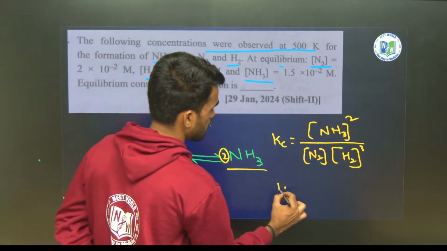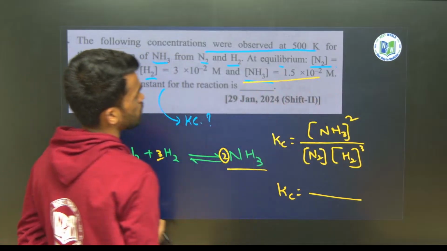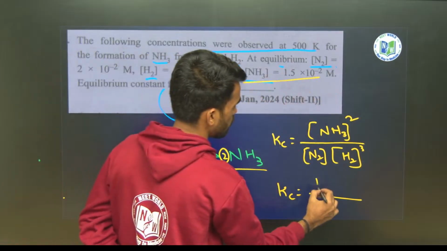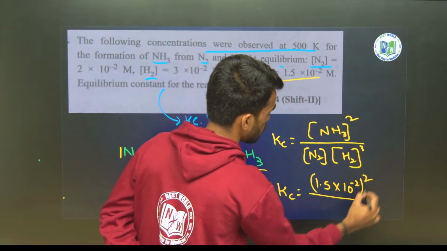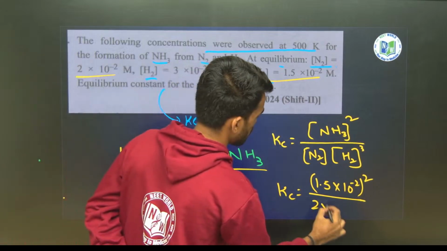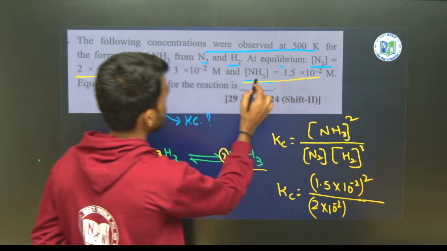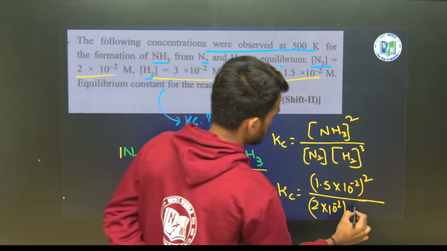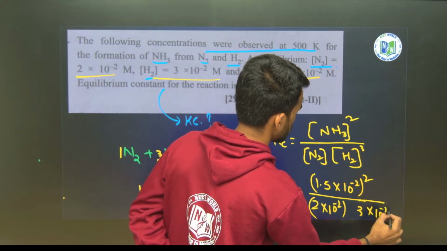Look here for Kc, just take the values they mentioned. The equilibrium concentration of ammonia is mentioned as 1.5 into 10 power minus 2, squared, N2 is mentioned as 2 into 10 power minus 2, and H2 is mentioned as 3 into 10 power minus 2, cubed.